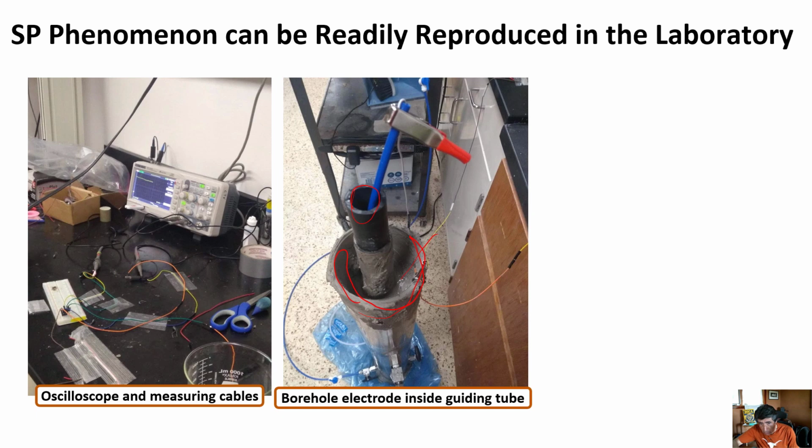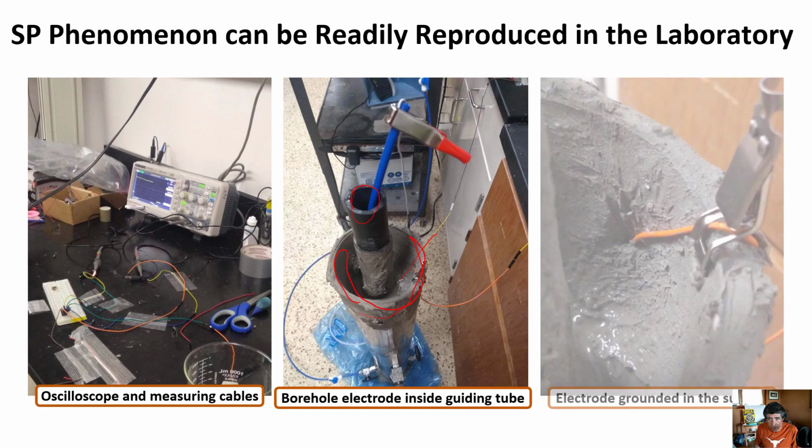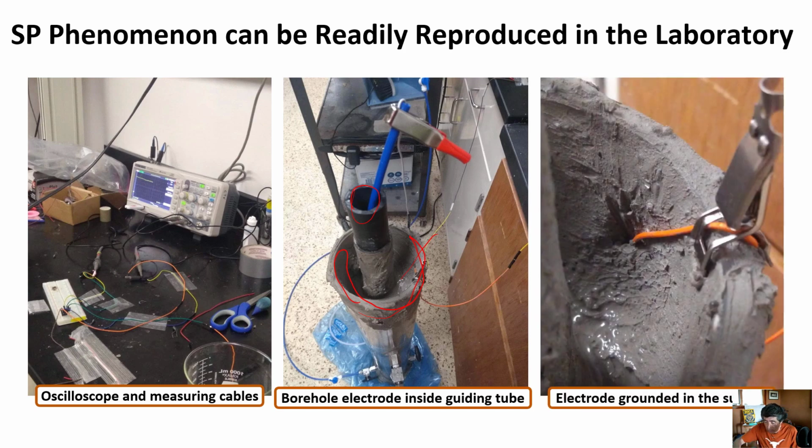You can put small glass beads, large glass beads, presence or not of salty water, fresh water, hydrocarbon, and so forth, and you can move the cable up and down and with the oscilloscope measure the electric field, and your ground electrode can be placed at a location which is electrically stable. That's what we do. We can reproduce these measurements easily in the laboratory.